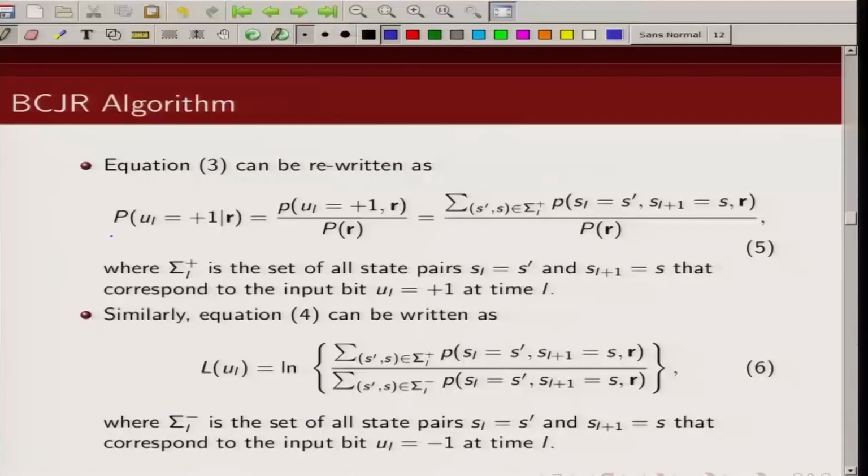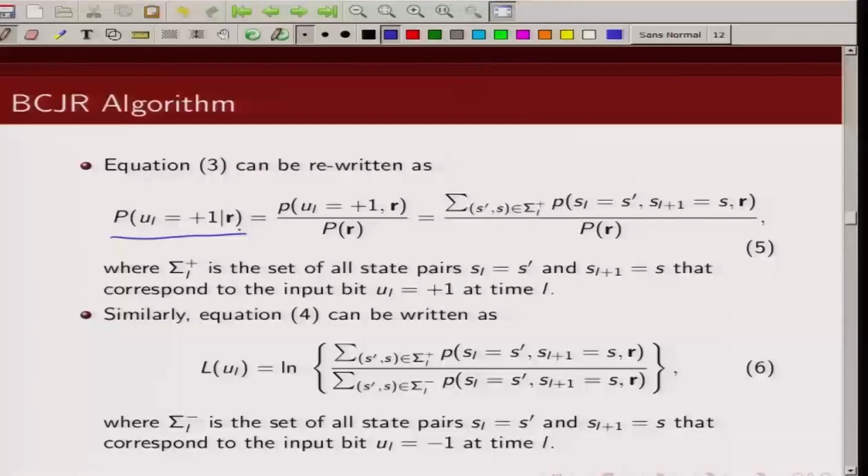Similarly, I can follow exactly the same procedure to write the probability of UL being -1 given R. What will be the change here? I will compute this probability and sum over all those state pairs which correspond to input bit -1.